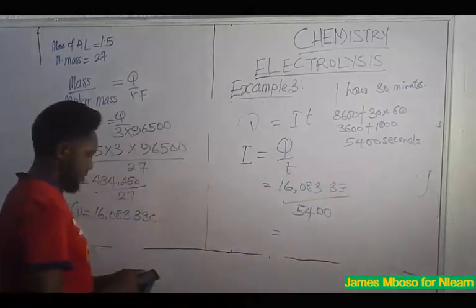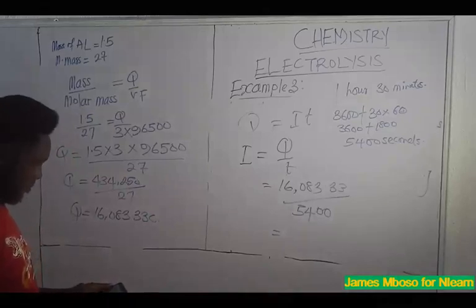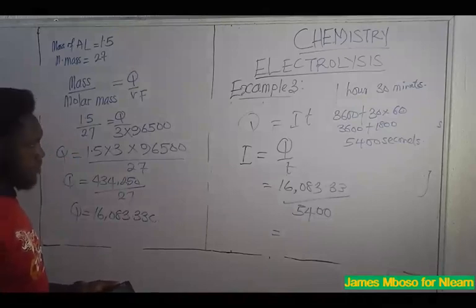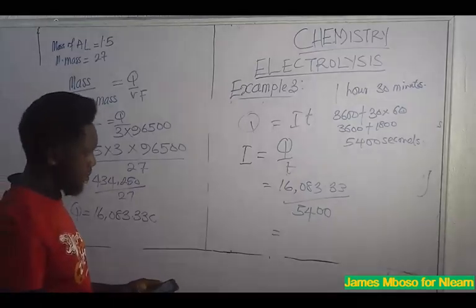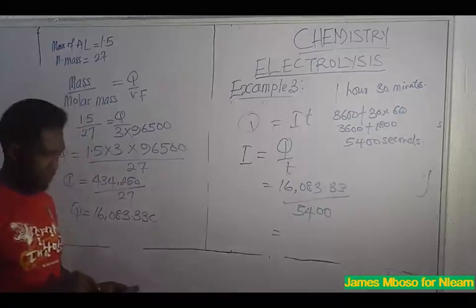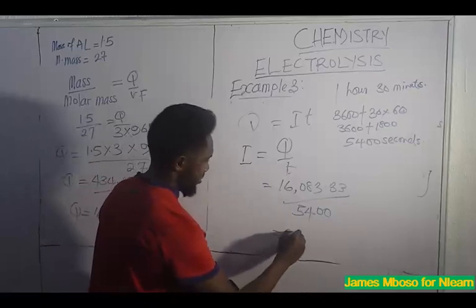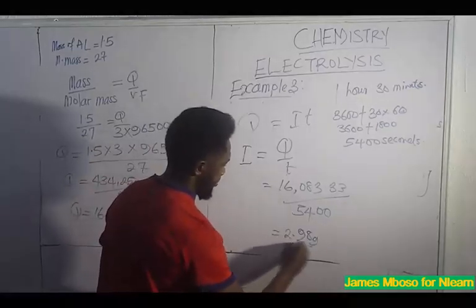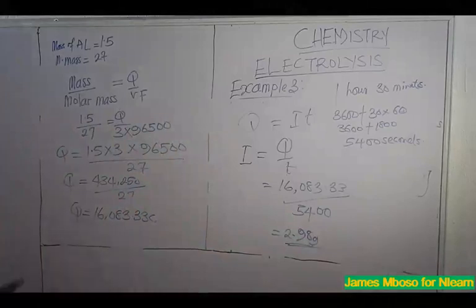We now have 2.98 grams. So we have 2.98 grams of aluminium being deposited or liberated.